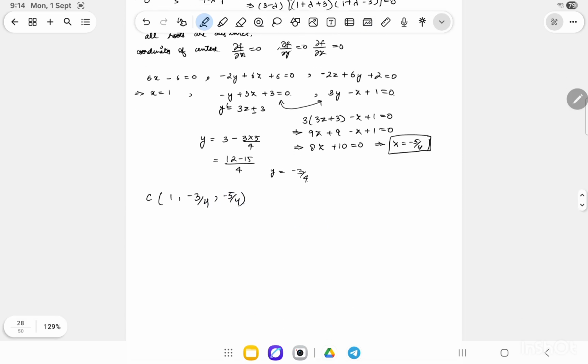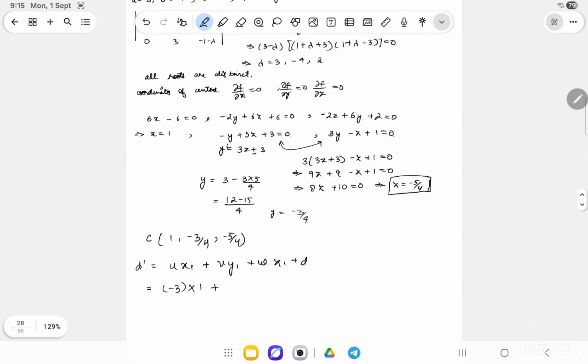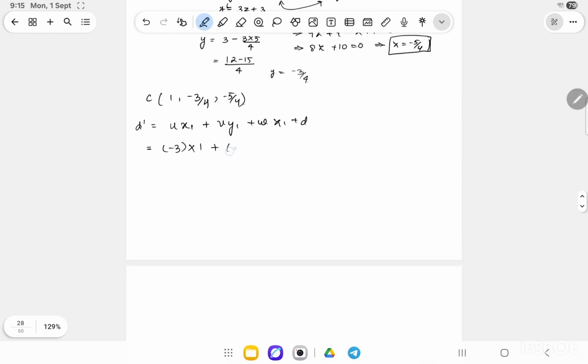Now let's see what will be the constant term when we rotate the axis. That is basically u x1 plus v y1 plus w z1 plus d. My u is minus 3 into 1, v is 3 and y1 is minus 3 by 4, w is 1, z1 is minus 5 by 4, plus the constant term d is 2.